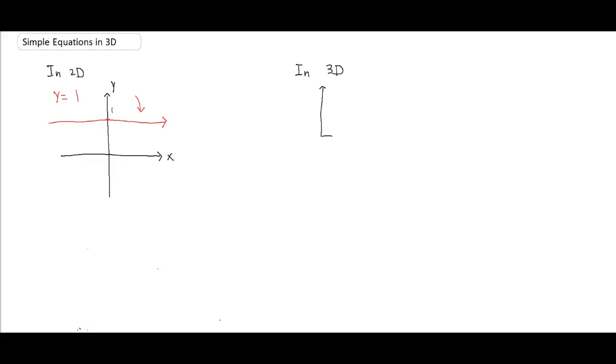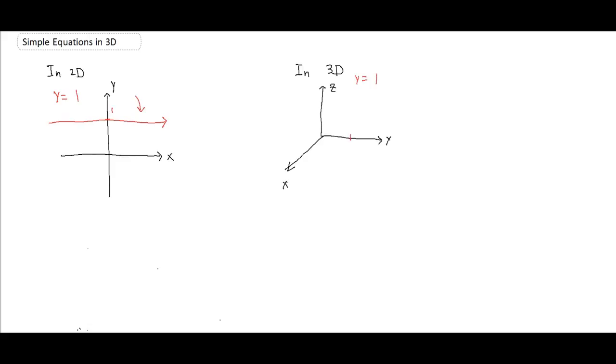So here is the y-axis, the x-axis comes out this way, and here's the positive z. And if you think that the equation y equals 1, the same exact equation, is going to give us a line in this case, then you do need to stop and think about this a little bit.